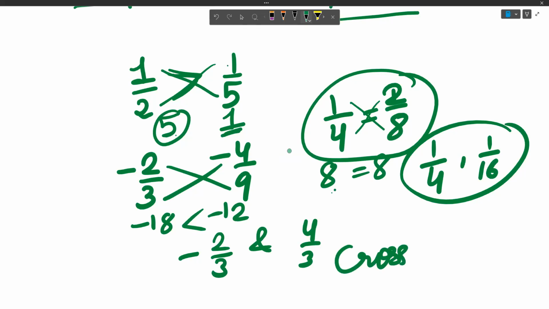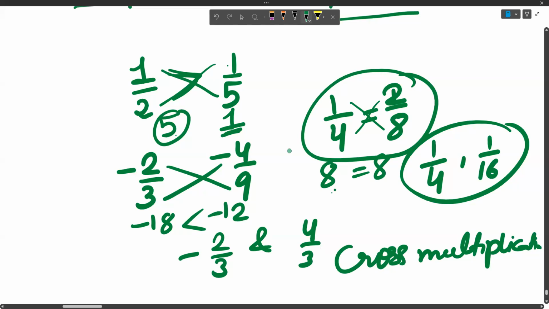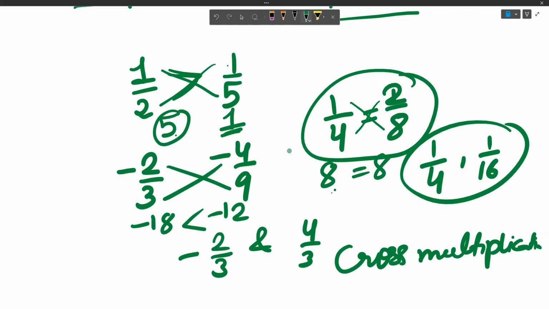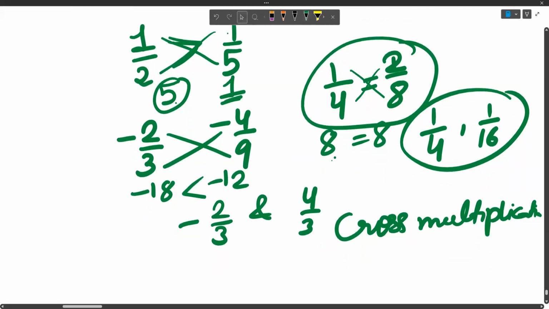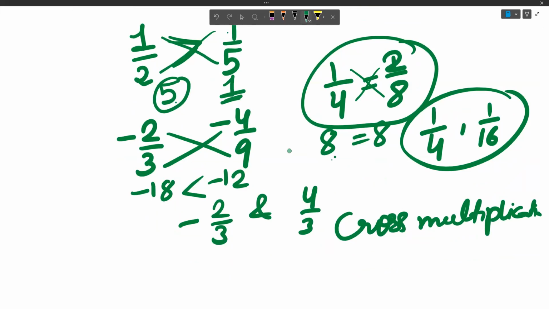So cross multiplication. What is the trick? Cross multiplication. After cross multiplication, whichever number is greater, the equivalent fraction of that number will be larger. Okay. Yes.